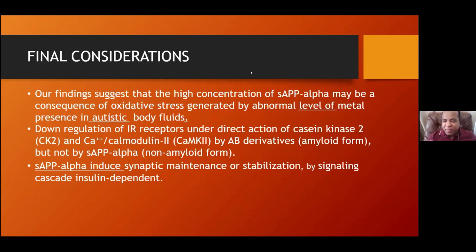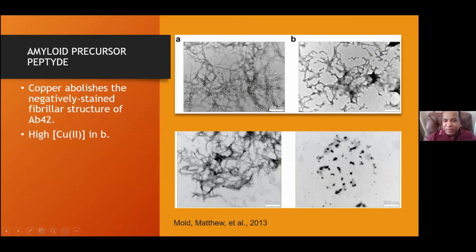What does that mean? That means that individuals with autism disorder may be overexpressing alpha APP peptide as a counter reaction to stabilize or reduce the high level of metal inside the brain. Because if we have a high concentration of metal like copper, it will tend to form plaques, as you can see here in figure A.